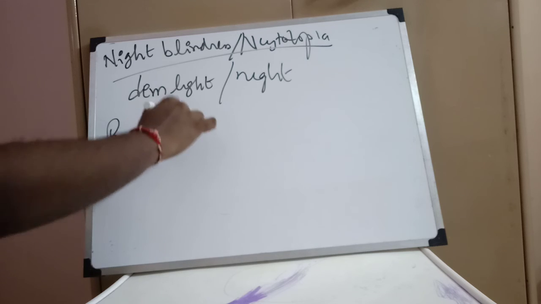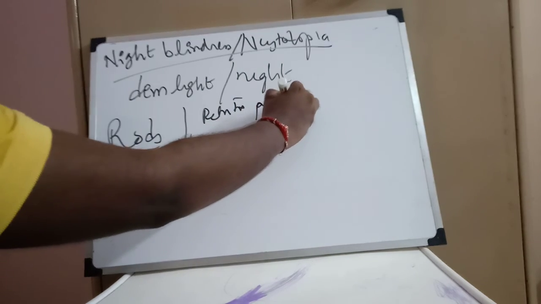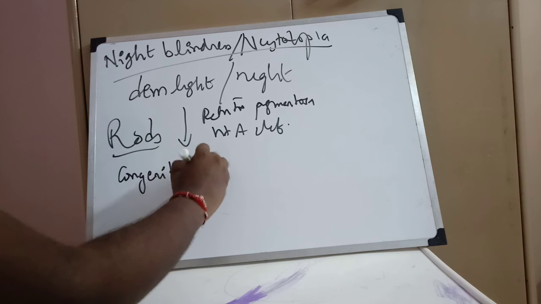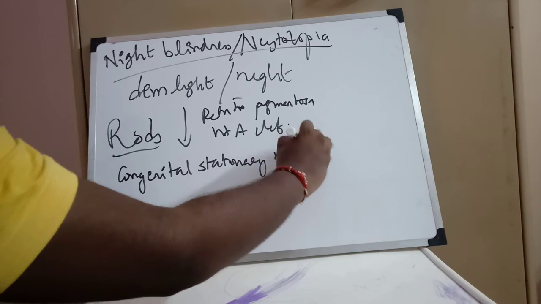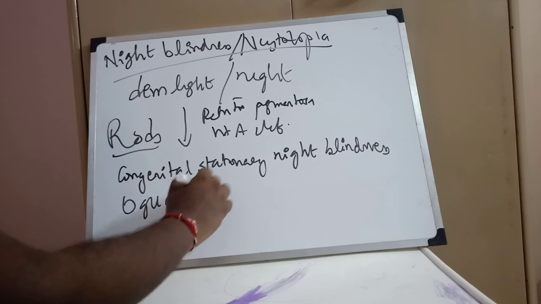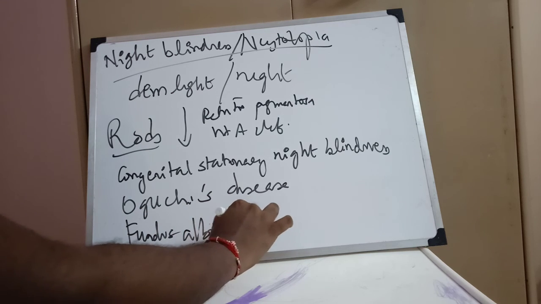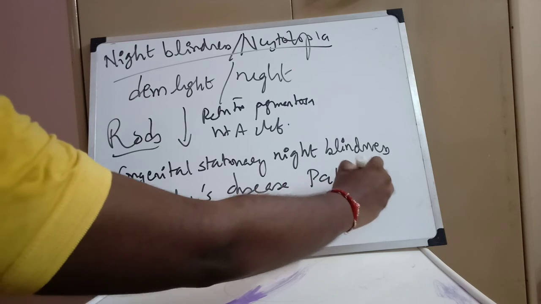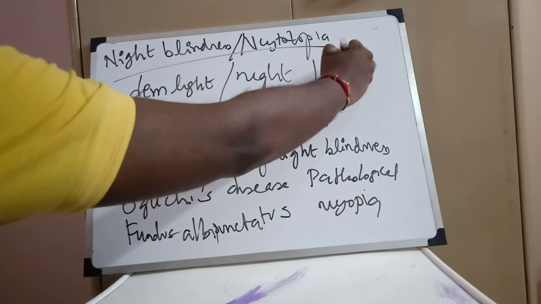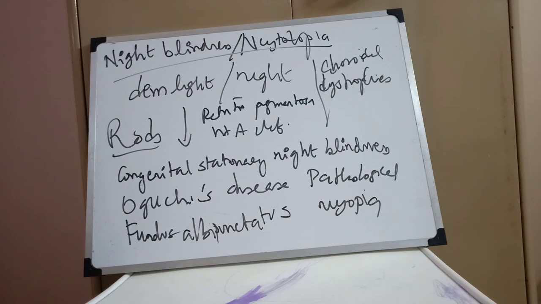It can be due to rods, a congenital deficiency in the quantity of the rods, or it can also be due to retinitis pigmentosa, vitamin A deficiency, congenital stationary night blindness, Oguchi's disease, fundus albipunctatus, pathological myopia, and choroidal dystrophies like gyrate atrophy and choroideremia.